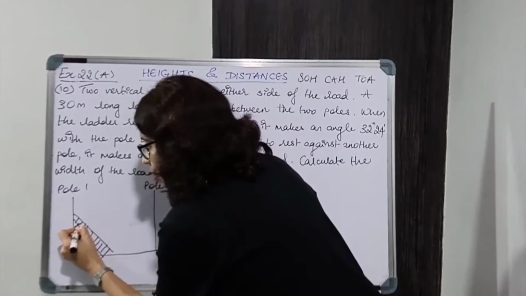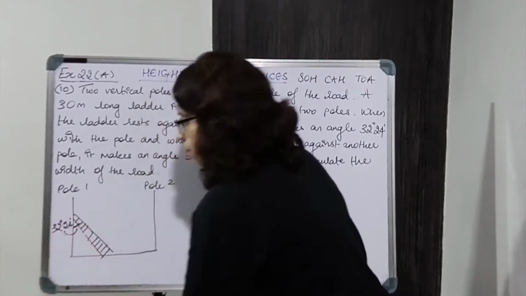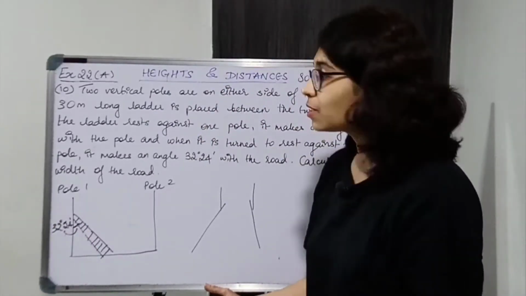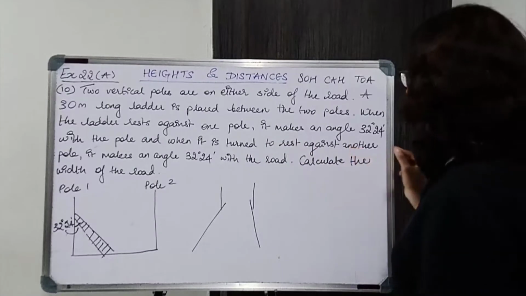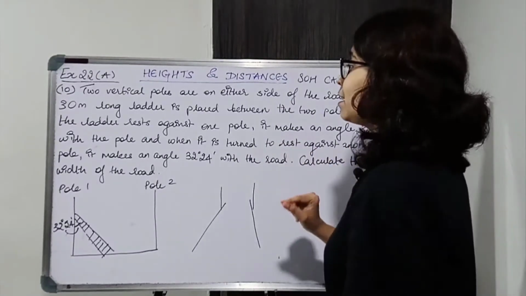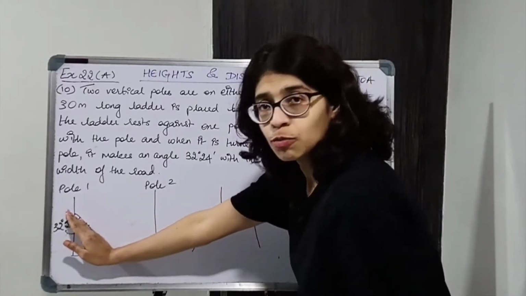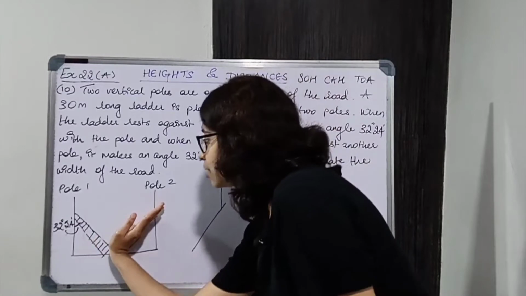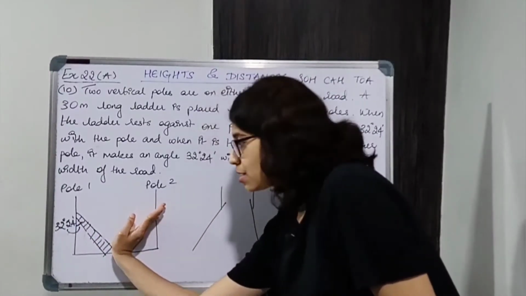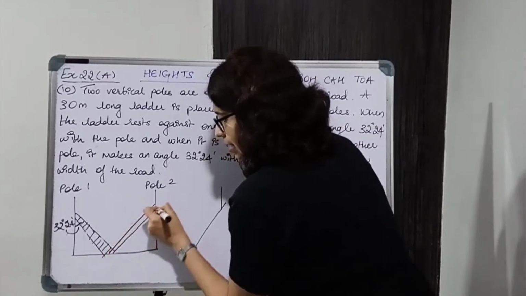This angle is 32 degrees 24 minutes. Now, when it is turned to rest against another pole, it makes an angle 32 degrees 24 minutes with the road. So we are turning this same ladder from the same position and placing it against another pole.